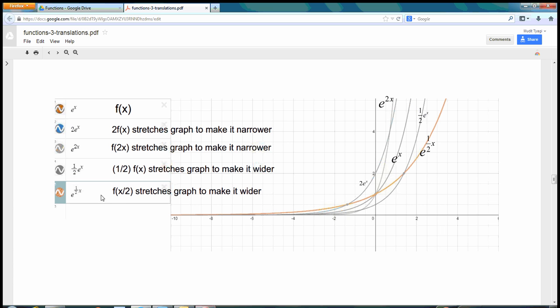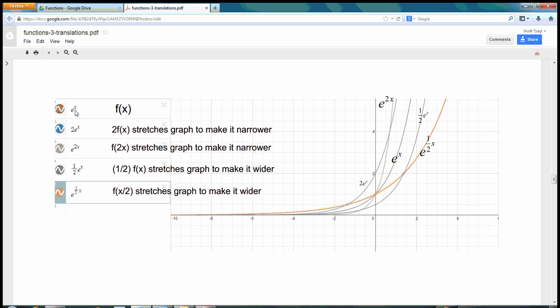And finally, we take a look at what happens if you multiply the variable by a number which is less than 1 but still a positive number. So you take f of x over 2, and once again, f of x over 2 yields e to the power of x over 2.